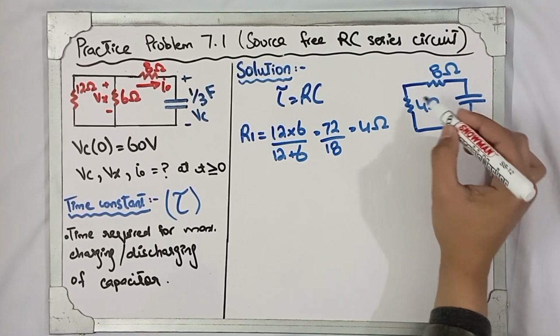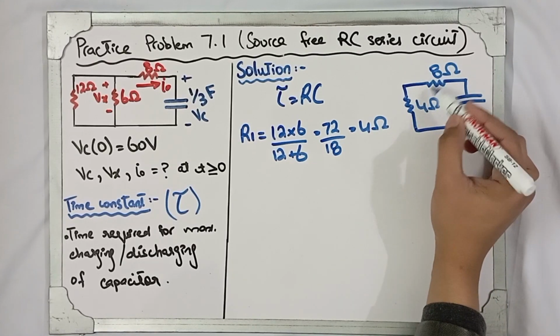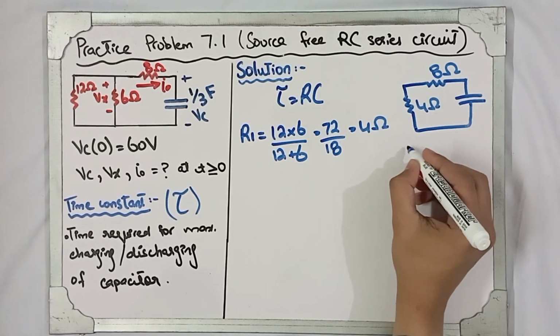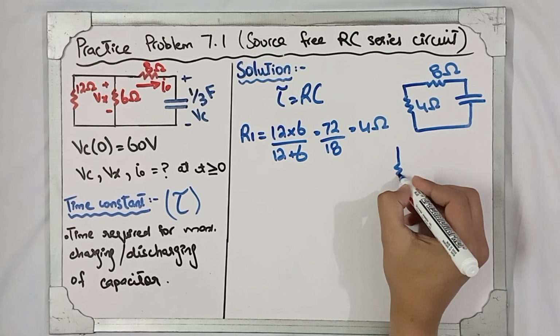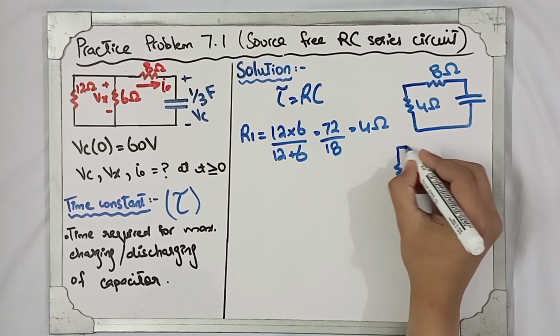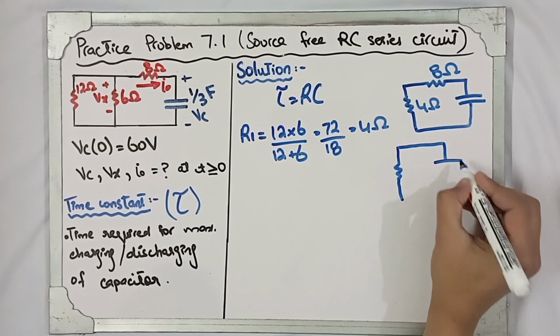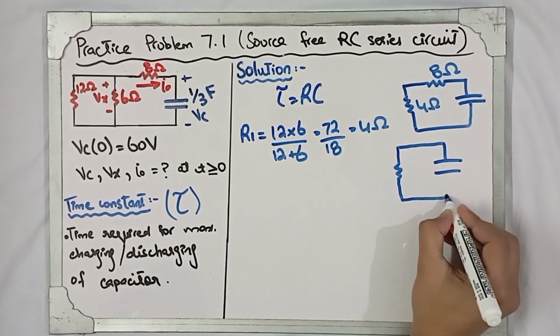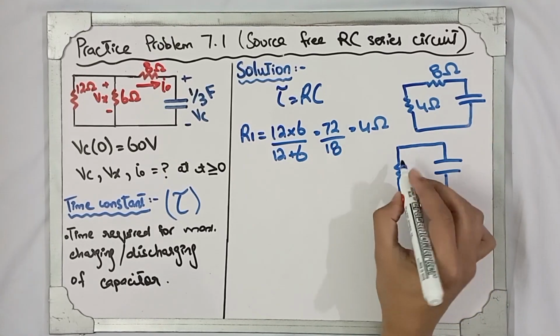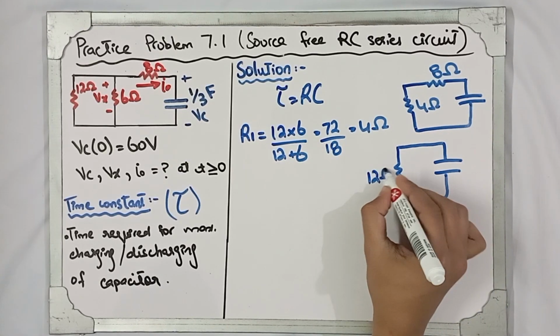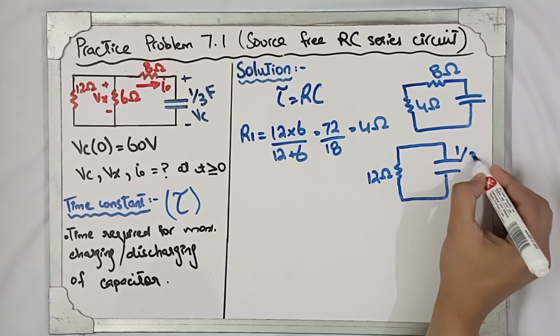These two resistors are now in series, you can see that, so we can simply add them up. So our final simplified circuit will be like this: the capacitor in series with the equivalent resistance, so 8 plus 4 will be 12 ohms, and the capacitor is 1/3 farad.